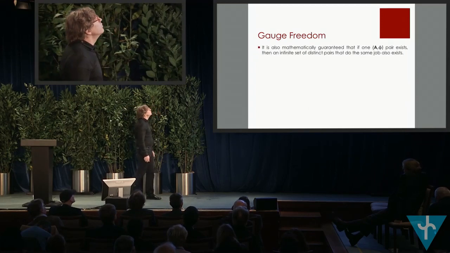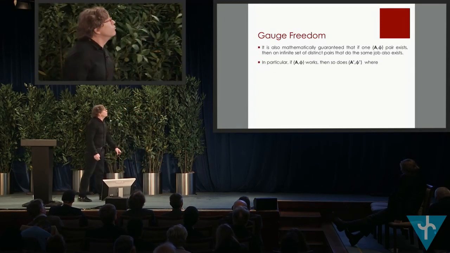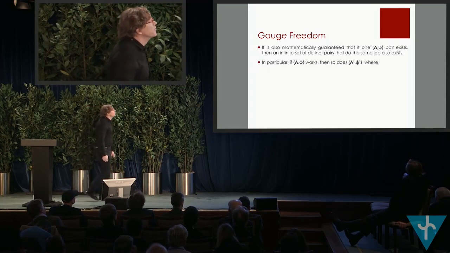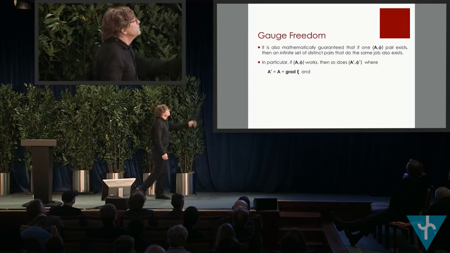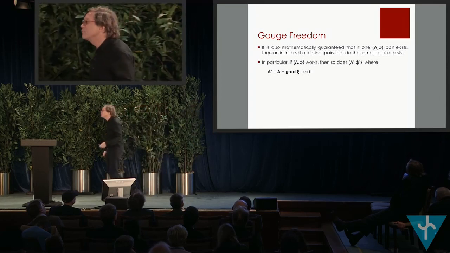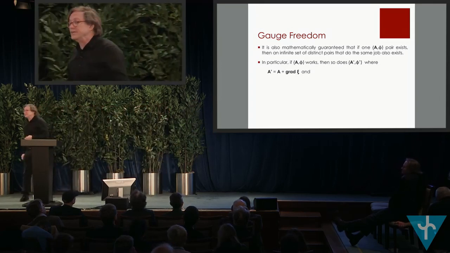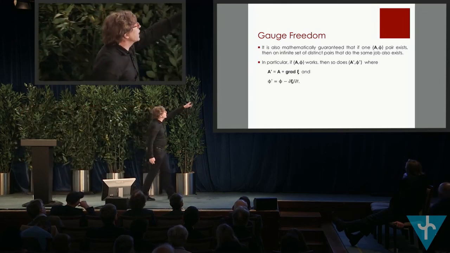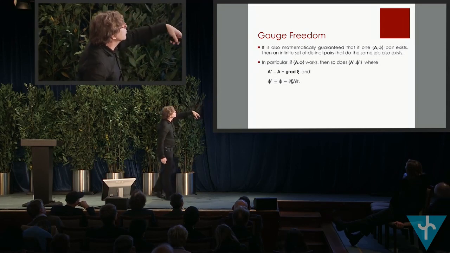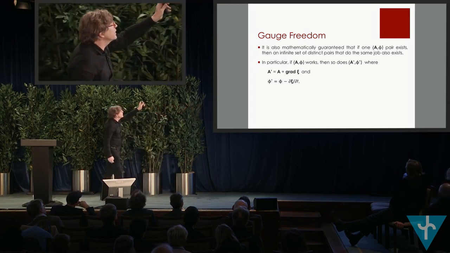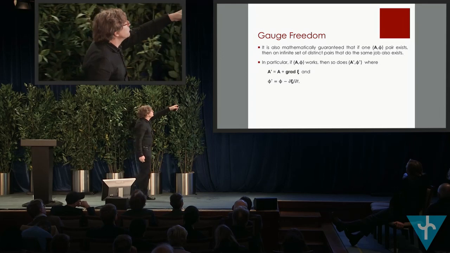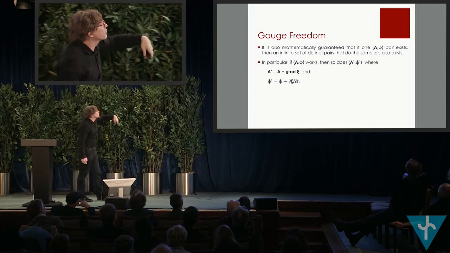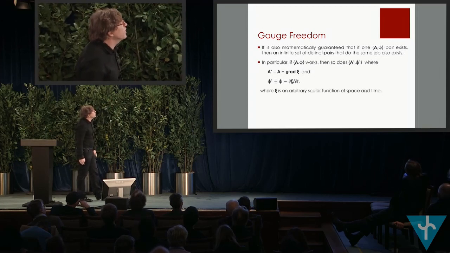But we also know that not only will one such pair of A and phi exist, but if one does, then there are an infinite number of other ones that do exactly the same job in reproducing E and B, right? If you give me an A and phi that work, and I add the gradient of any arbitrary scalar field psi, and make this transformation, I'll get another A prime and phi prime that do the same job.